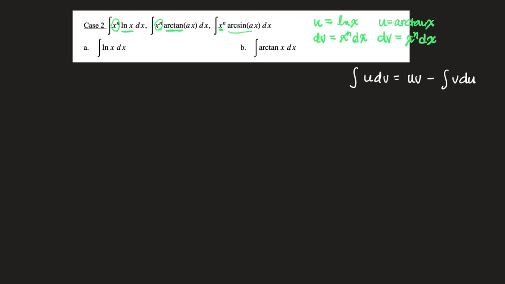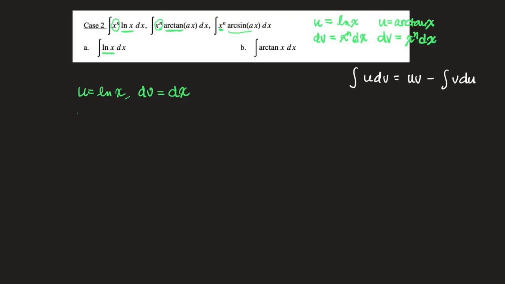That's what we're going to use. Let's try the first one. Be very careful here, guys. You pick u to be ln x. Then dv is what is left, only x dx, because x dx is left. You have to make sure of that, guys, okay?